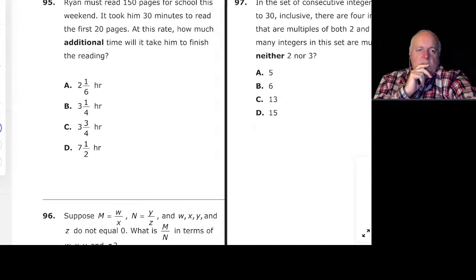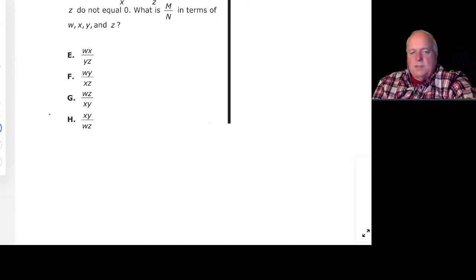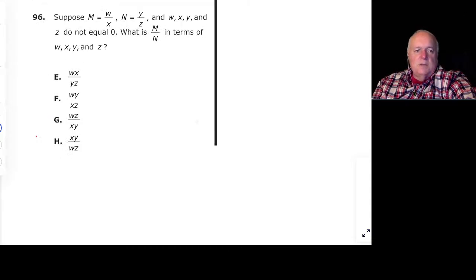This one's pseudo complicated, so I'm going to skip that for now. I'm going to do 96. A lot of you are just totally bent out of shape over 96. It says, what is m over n in terms of these? So let's write m over n.